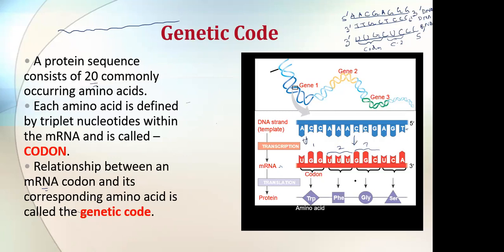There are 20 different types of amino acids, like tryptophan, one amino acid, phenylalanine, another amino acid, glycine, another, and serine, another. So over here we can see 4. We have 20 different types of amino acids already inside our body.